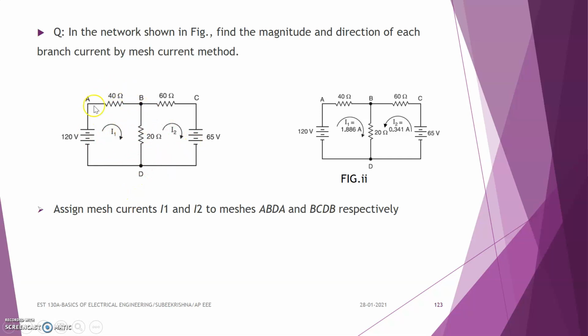Here we are taking the first mesh, so we give importance to the first current, and write minus 20 into (I1 minus I2). If we were taking the second mesh, then we would write I2 minus I1. Since we are considering the first mesh, the voltage drop is minus 20 into (I1 minus I2).